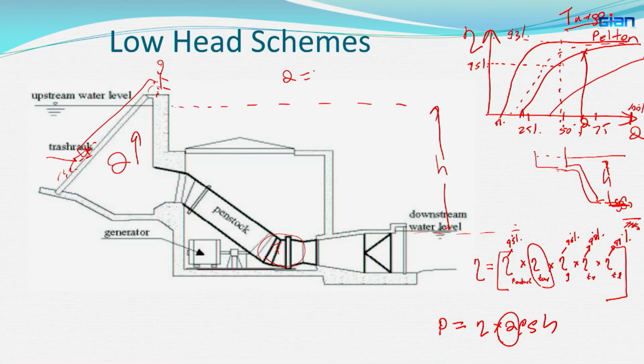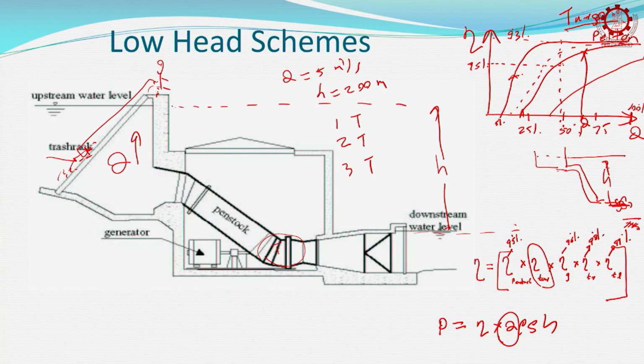Sometimes for a site, say the rated flow Q is 5 cubic meters per second and H is 200 meters, you have the option of going for 1 turbine, 2 turbines, 3 turbines or more. Going for 1 turbine might be bad sometimes, because if a large machine operates at low loads for a long time, your efficiency will be bad. If you have two turbines, they will be operating at a higher efficiency point.